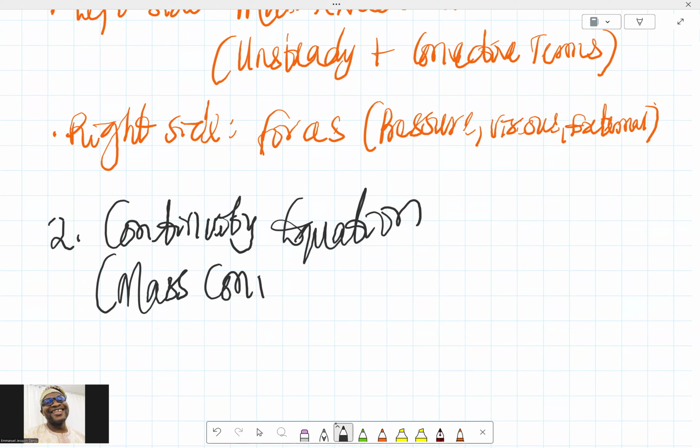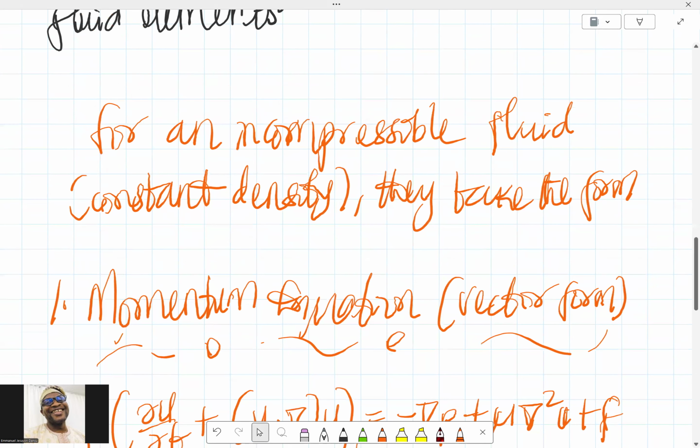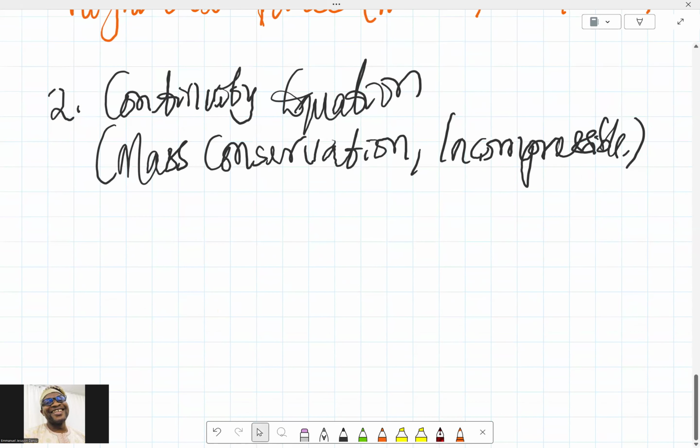For an incompressible fluid, which means constant density, grad dot u is equal to 0.